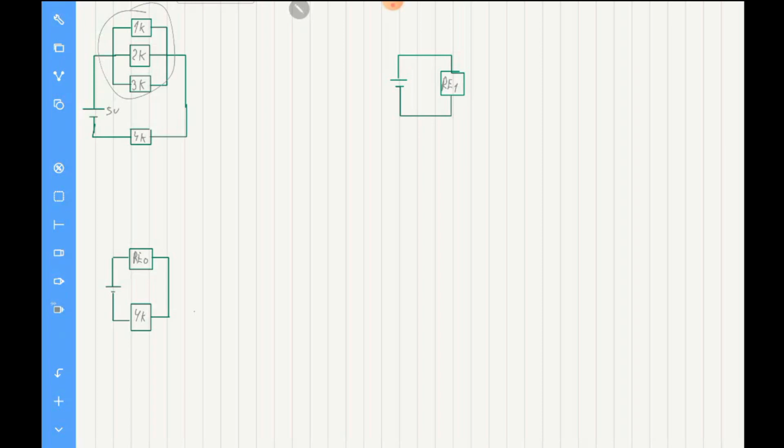The equivalent resistance is equal to 1/1 plus 1/2 plus 1/3, all to the power of -1. Okay, this circuit.